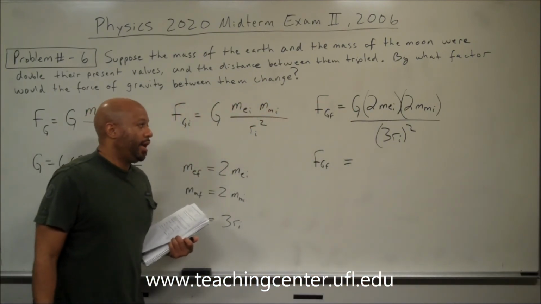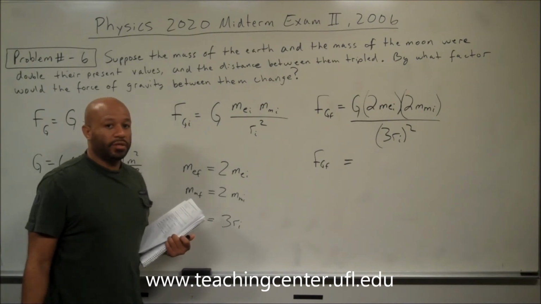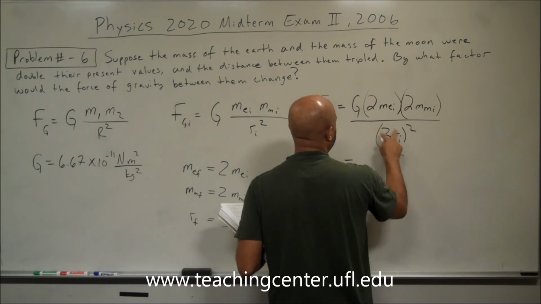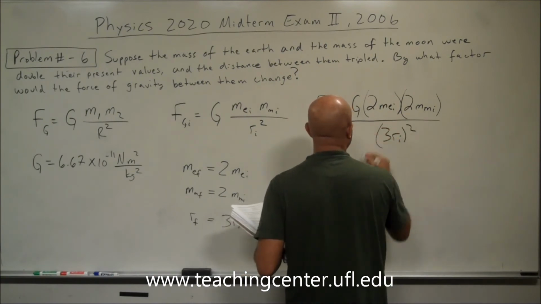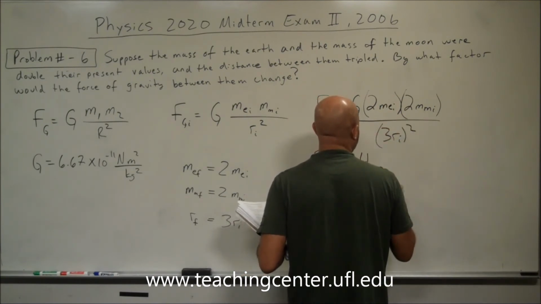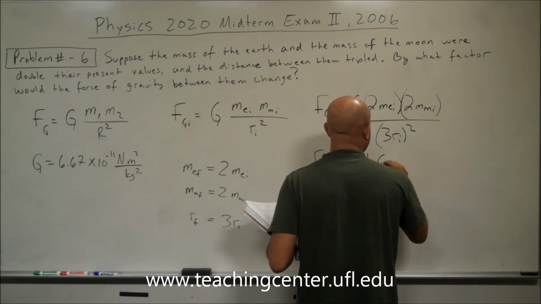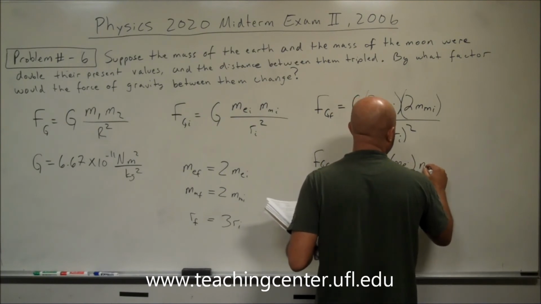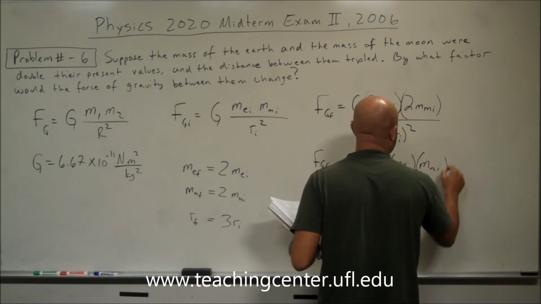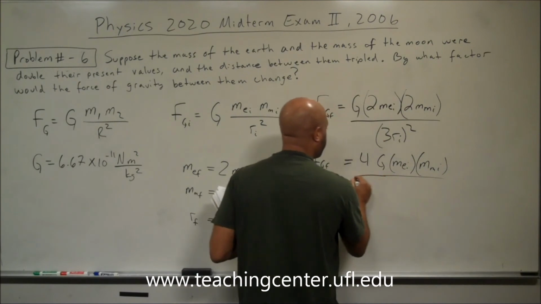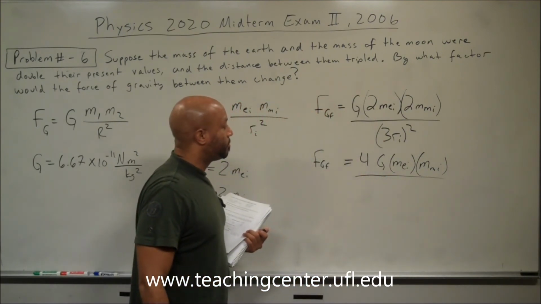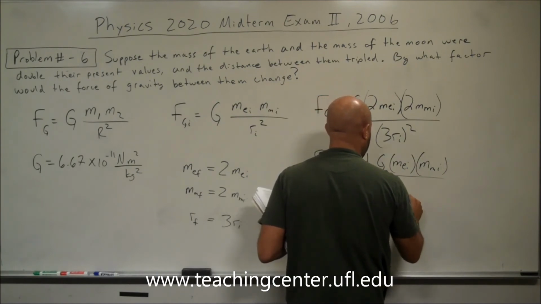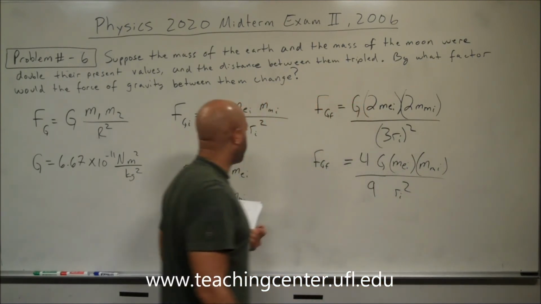Alright? And we can simplify this expression. We know that if we just pull out the constants here, the numerator will get 4, and we'll get G times mass of the Earth initial times mass of the Moon initial divided by 3 squared, which is just 9, times Ri squared.